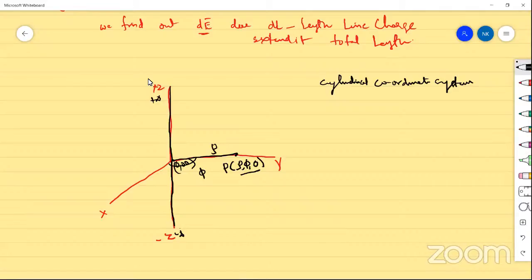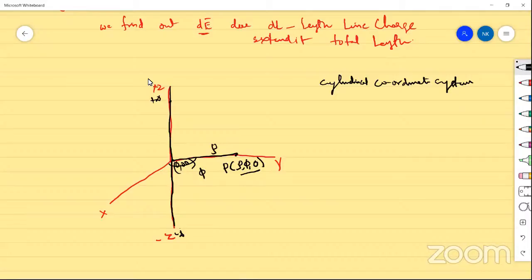So I am considering a cylindrical coordinate system for our convenience. You can use the Cartesian coordinate system later and convert that into cylindrical coordinate system also, but it is a more complex way of doing the problem. Okay, this is the point rho, phi, comma z.